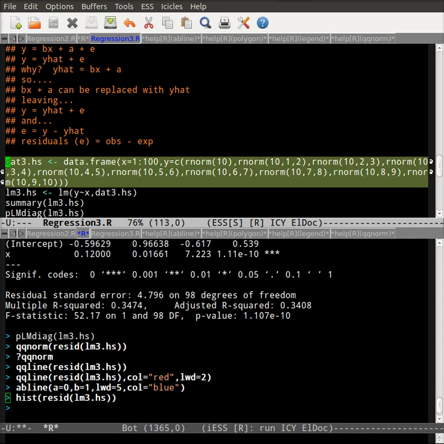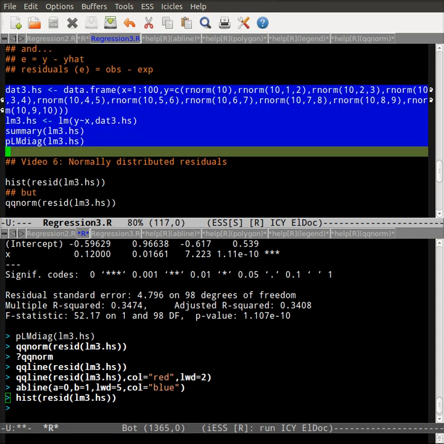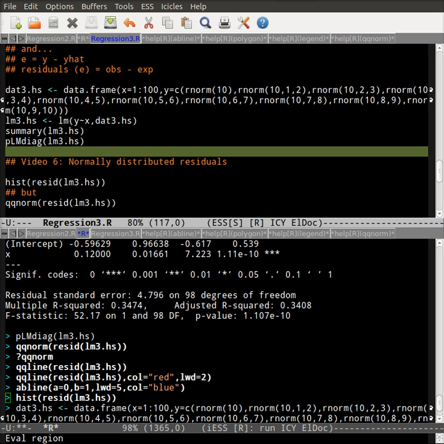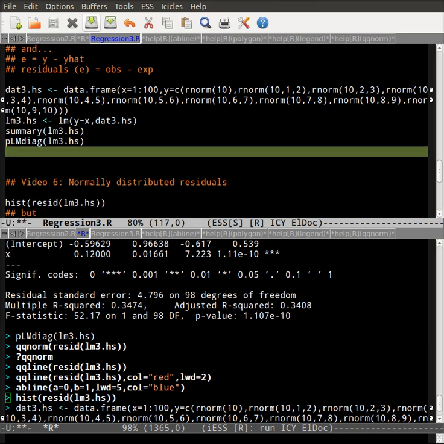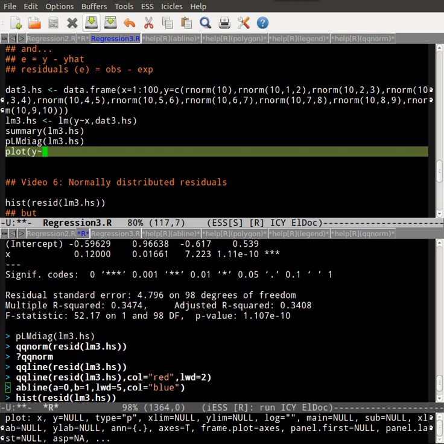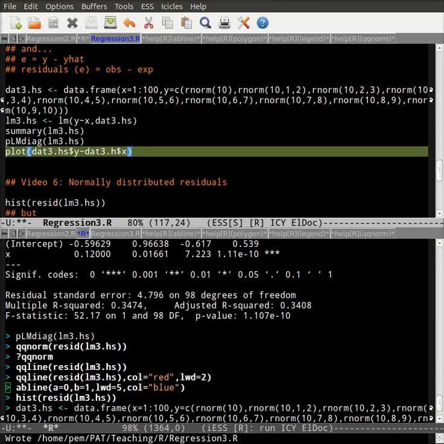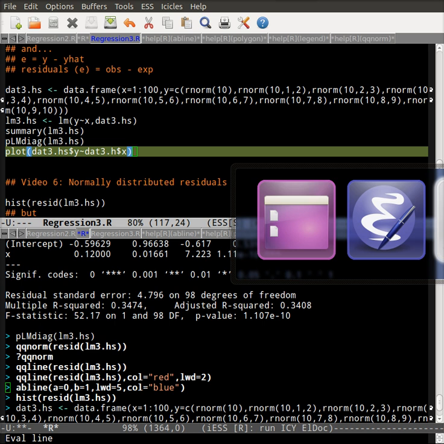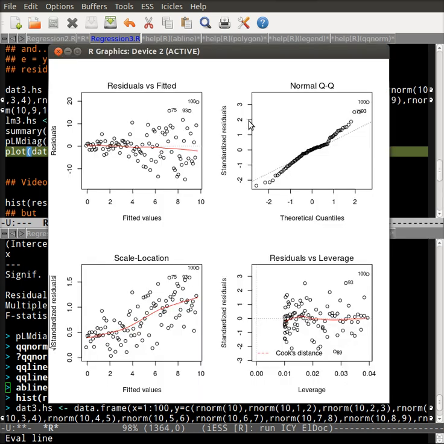So just to demonstrate a violation of this, I'm going to first do y tilde dat 3, and I'm just going to show you what this looks like.